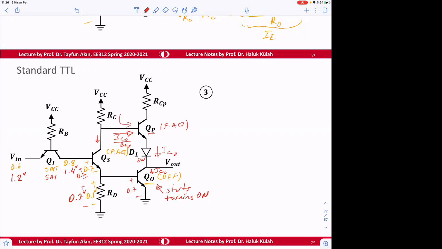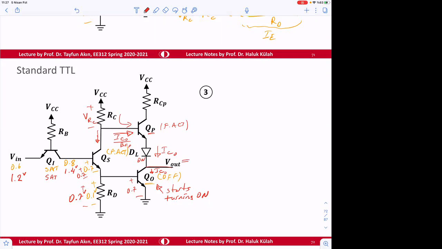So more current will flow through RC, and more voltage drop will be across this VRC. Therefore the output voltage gets lower at a much faster rate.